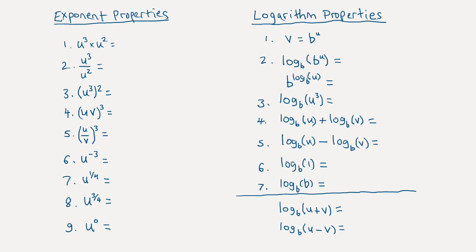So first, if we just write out what that means, u cubed means u times u times u, and then u squared is u times u. We don't need the brackets here, so we've got u times u times u times u times u. We've got u multiplied 5 times.